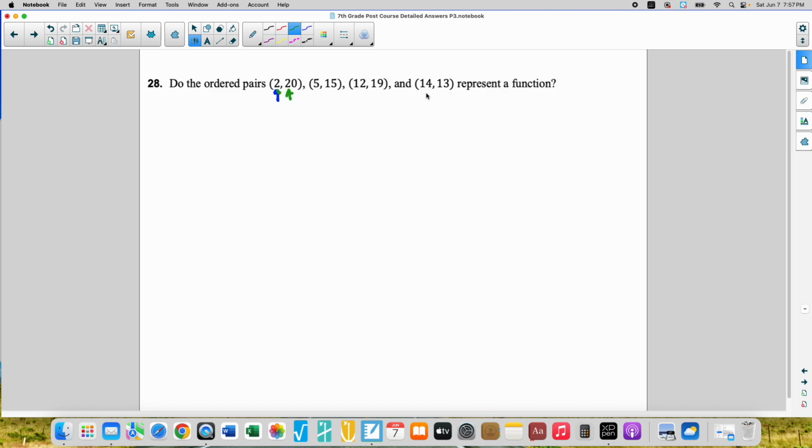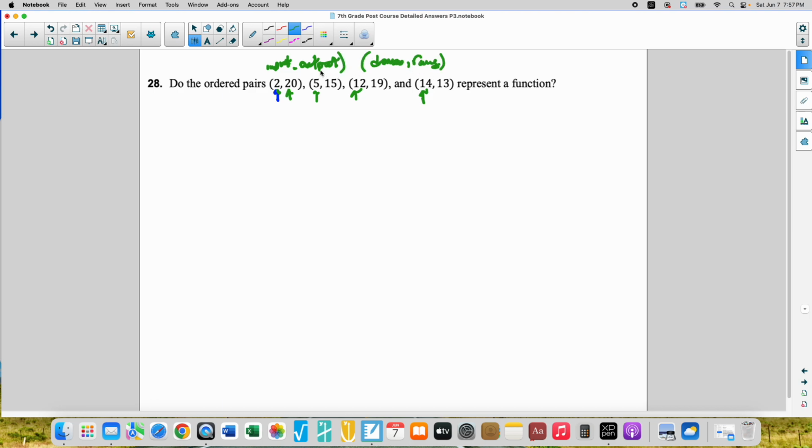So since none of these inputs repeat, and this is input, comma, output, we call it domain, comma, range.